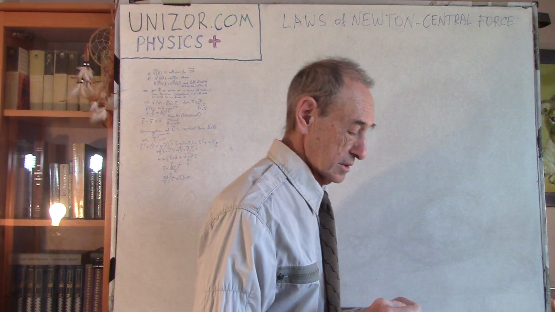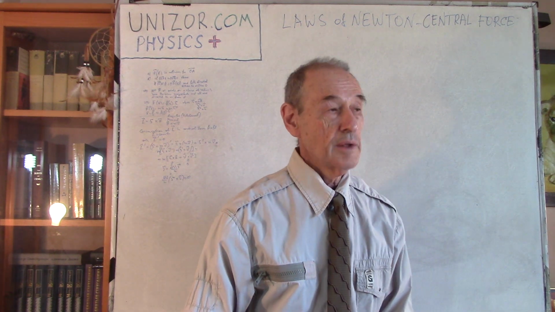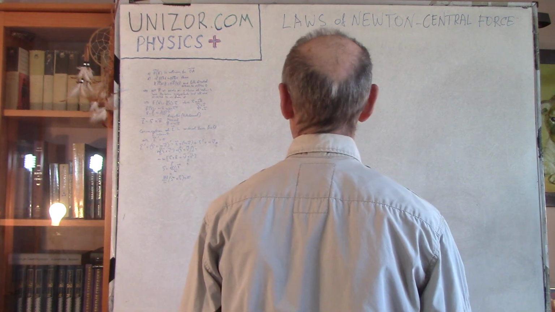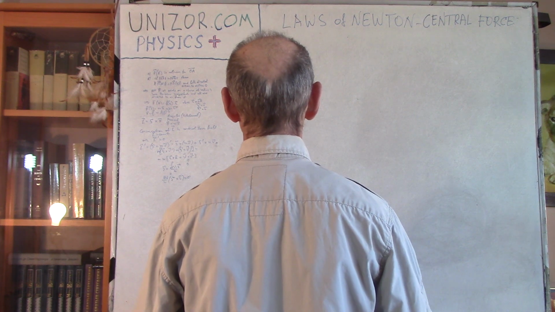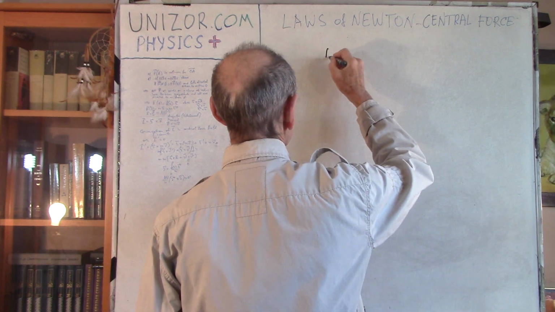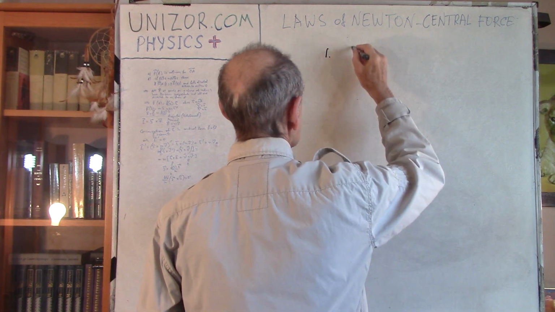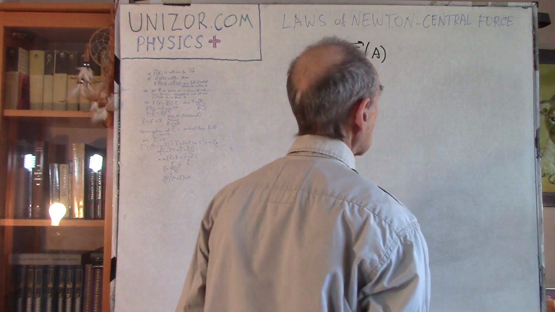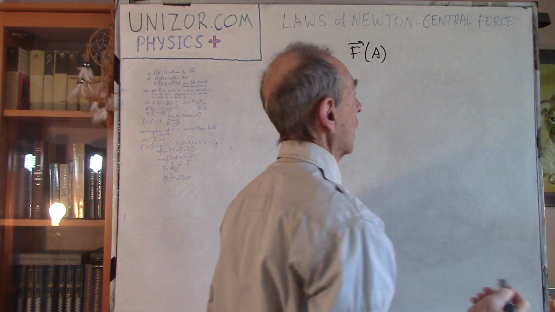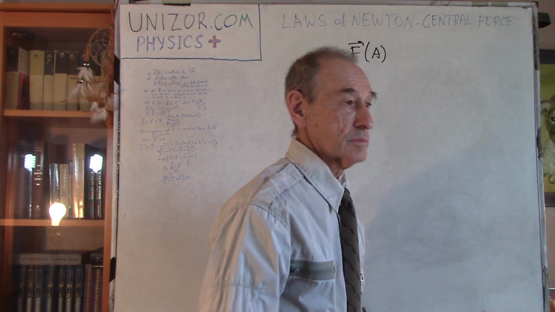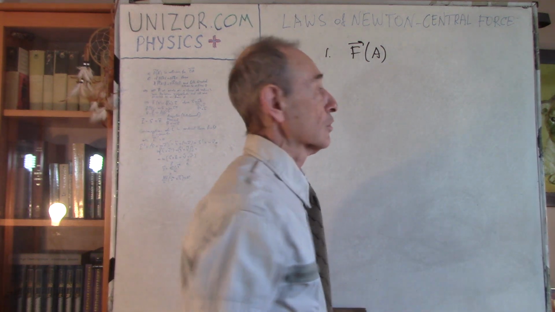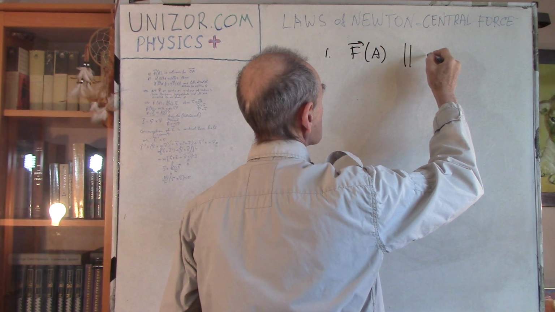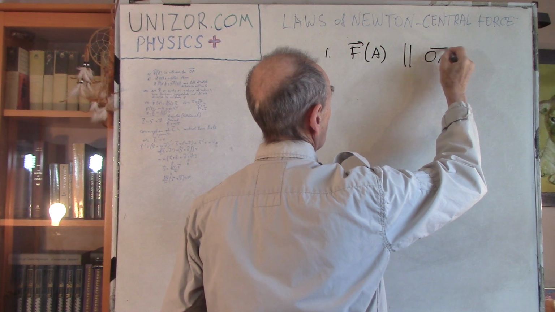The central field, like gravitation, is characterized by very simple axioms. Axiom number one: the direction of the field at any point and its magnitude are supposed to satisfy certain rules. First of all, the direction should be collinear with vector OA.